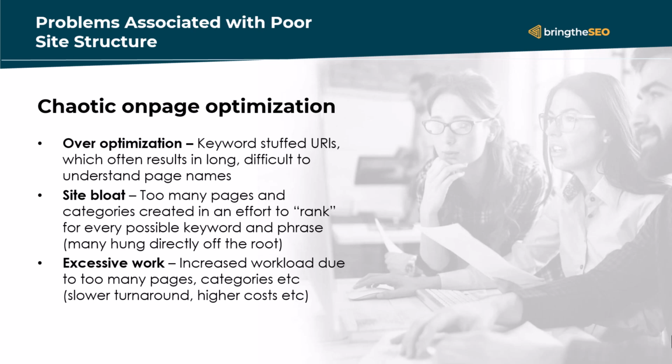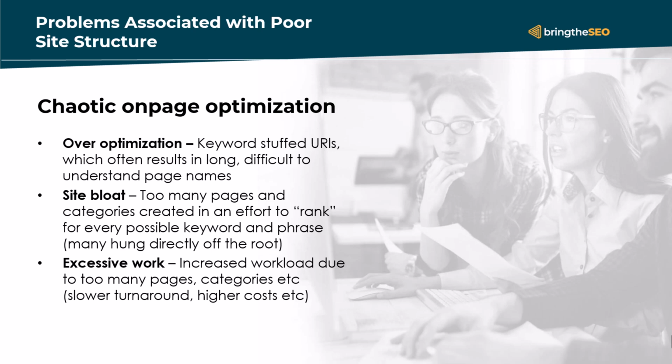This is without question over-optimization, and keyword-stuffed URLs and jamming pages in ad hoc in an effort to rank for individual terms is without question something that causes problems or can lead to poor site structure, and that of course has a flow-on effect. And of course, excessive work.